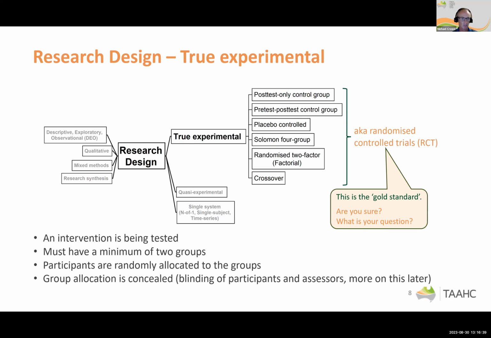That's usually called double blinding, where the participant and the assessor, so the person doing the treatment or giving out the drug or whatever, are both blinded to what's happening. I'll talk more about this later because double blinding isn't the only thing that you can do.